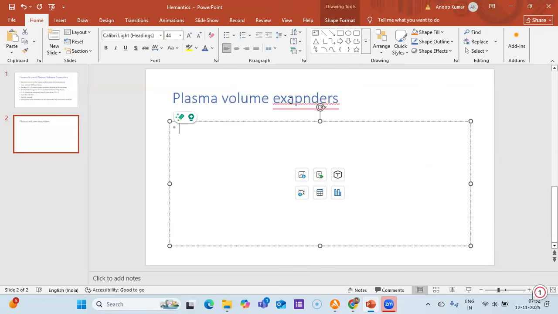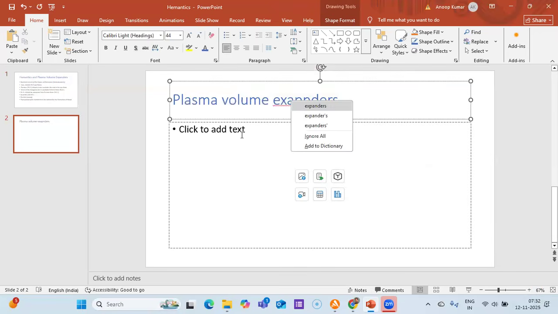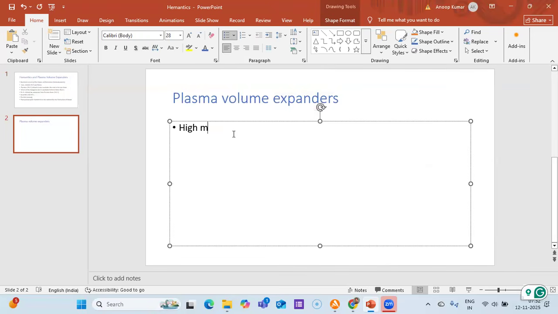So plasma volume expanders are high molecular weight substances, and they increase the osmotic pressure. And you want, because your blood pressure is down, you want to maintain the blood volume.